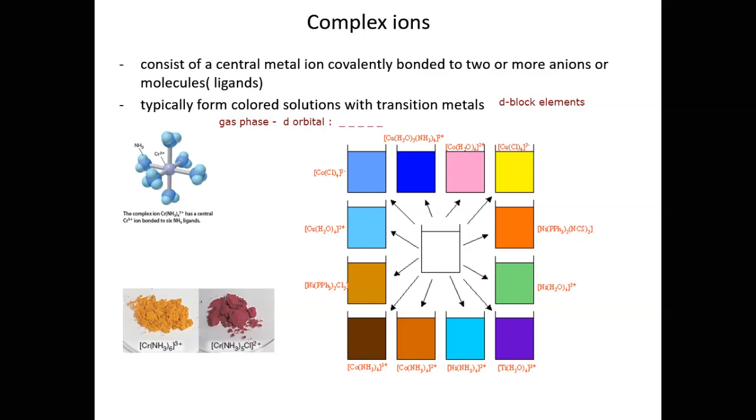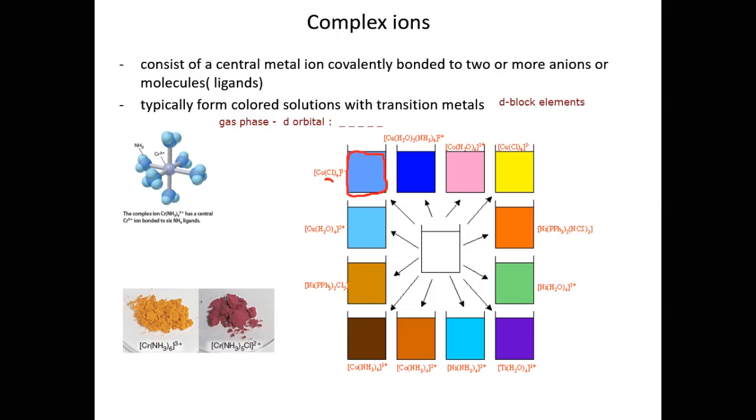And so what I want to show you here is that here we have cobalt with 4 chlorides. It's the characteristic blue solution. So cobalt tetrachloride anion is blue when it has 4 things coordinated to it.